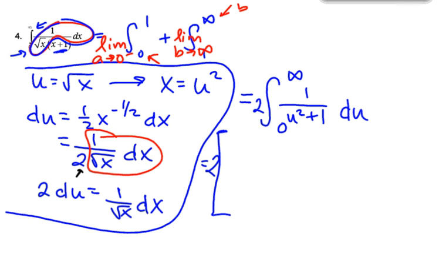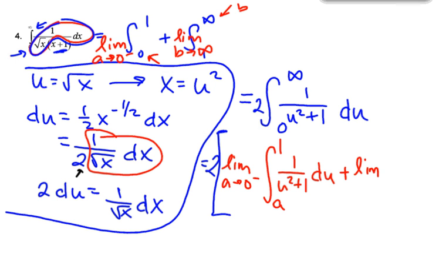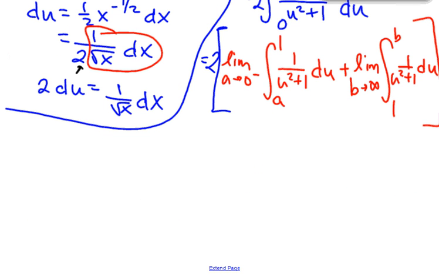Okay, so I'm going to rewrite this, and we're going to say this is the limit as a approaches 0 from the left, from a to 1, because that's where I'm going to split it off, of 1 over u squared plus 1 du, plus the limit as b approaches infinity of the integral from 1 to b of 1 over u squared plus 1.